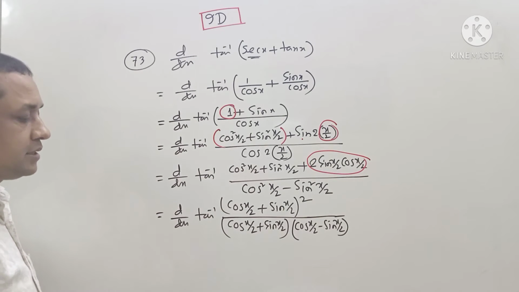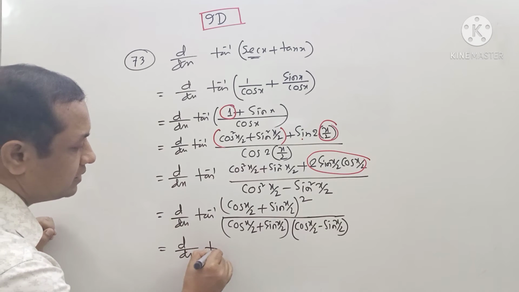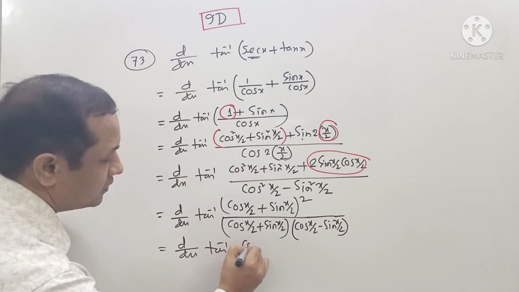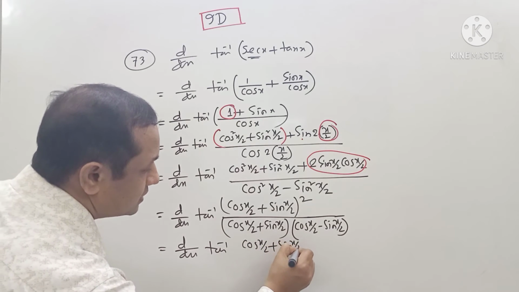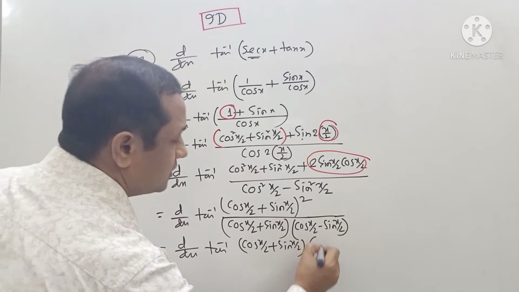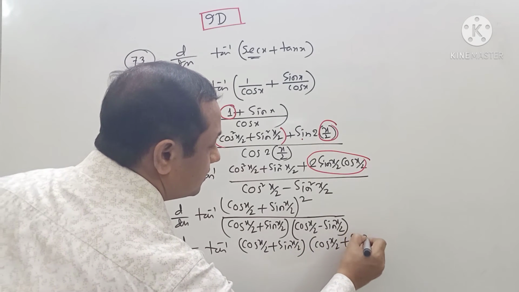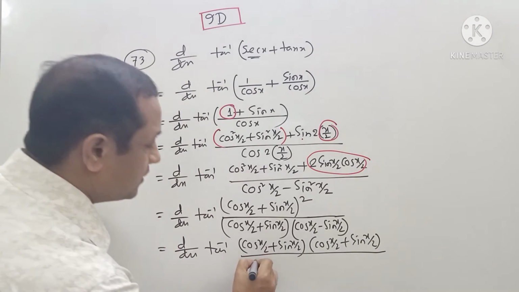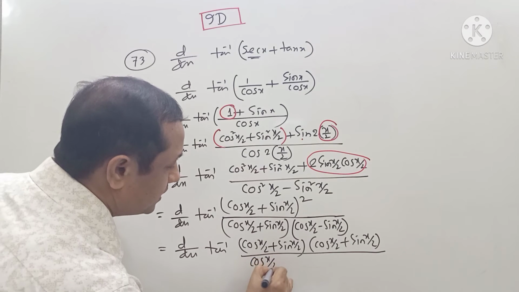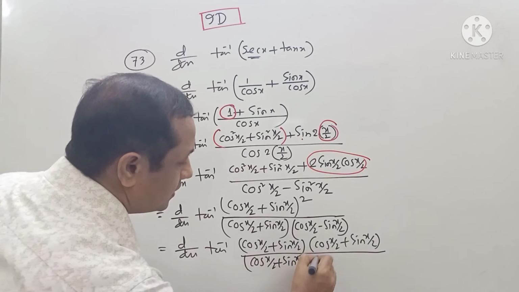Then next line, d/dx of tan inverse of (cos x/2 + sin x/2) in the numerator, and the denominator will be (cos x/2 + sin x/2) into (cos x/2 − sin x/2).